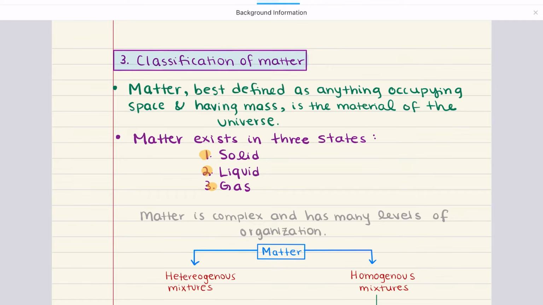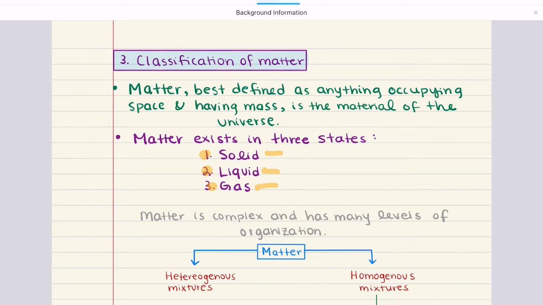These states are distinguished by the arrangement and the energy of their constituent particles. So solids have tightly packed particles in a fixed structure. Liquids have closely packed particles that can flow and change shape. And then gases have widely spaced particles that move freely.